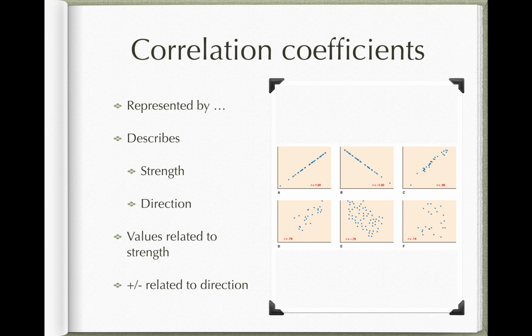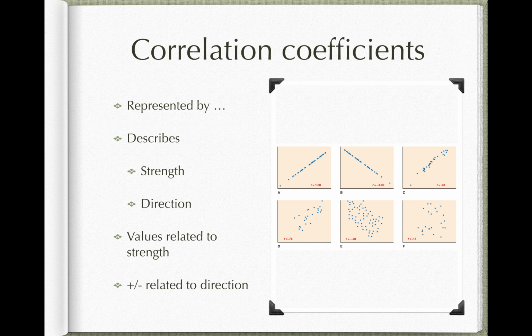But now you can see in scatter plot B that there's a negative correlation, meaning that when the value of one variable increases, the value of the next one decreases. So here you see that the sign of the correlation is a negative sign. You have a minus sign.